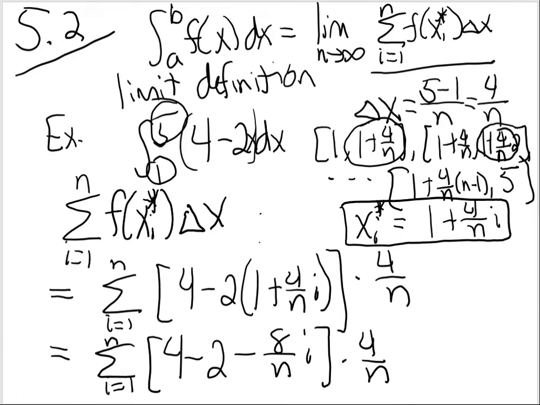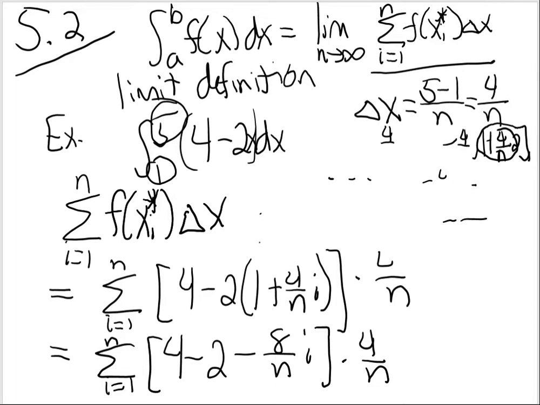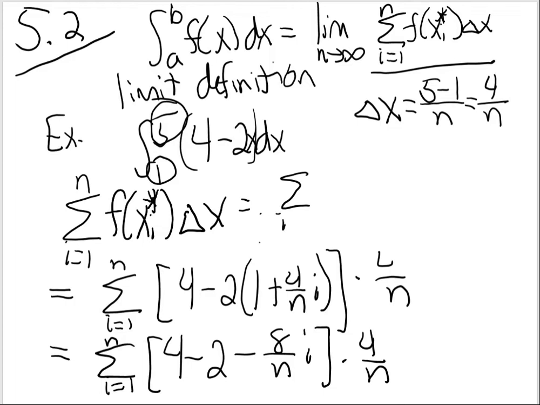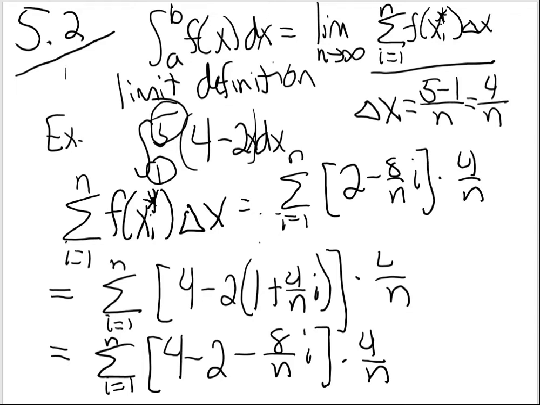And let's clear some space. Once we simplify this a little bit more, you get 2 minus 8 over n i, times 4 over n. And we can start to use the rules we know.